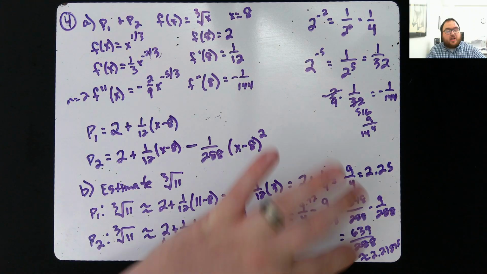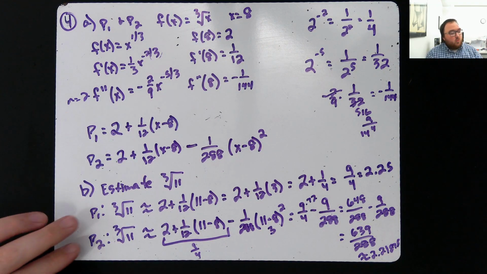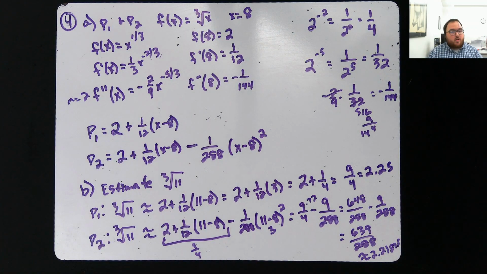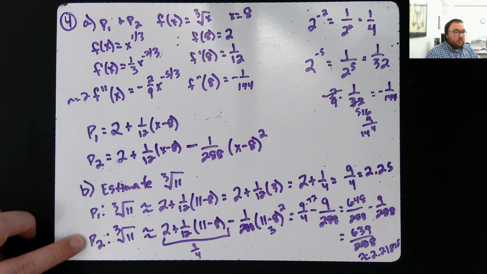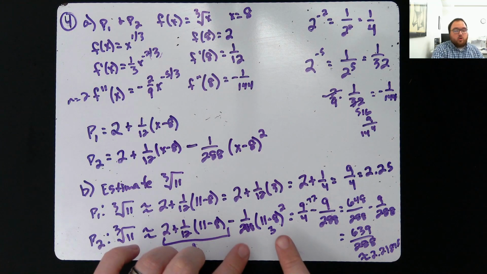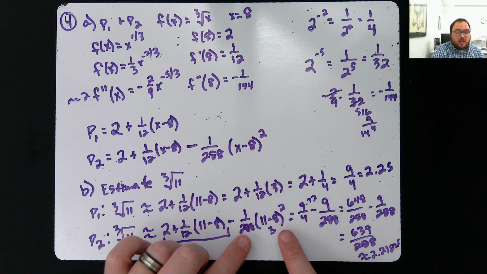So notice these are pretty close. Think about it really quick. Which one do all of you think is the closest? Think a little bit about it. Well, it would make sense for P2 to be the closest one because there are more terms right here, right? I made it as specific as I possibly can.